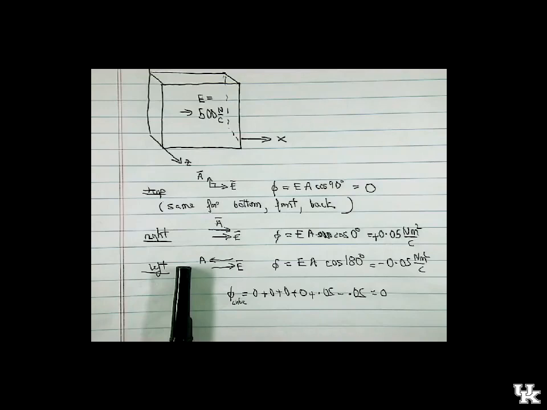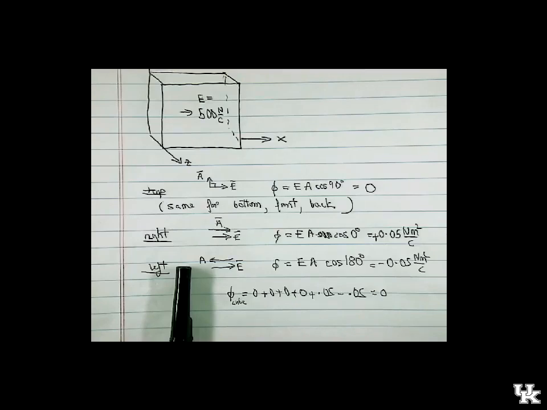And actually, that result for the cube is true for any closed surface in a uniform electrical field. So supposing I put a sphere in that uniform electrical field, it'd be mathematically hard for us to compute the flux through that sphere, but the net flux would be 0. And a way you can visualize that is that every field line that went in the sphere would come out the sphere.